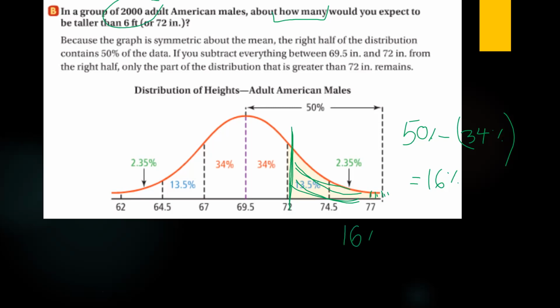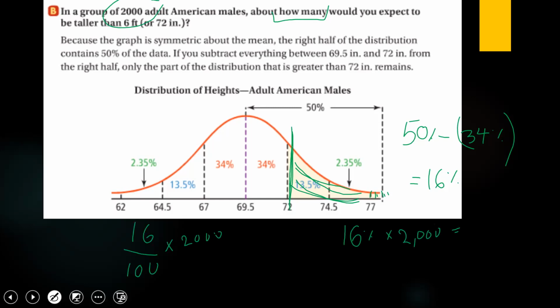So 16% times 2,000 will be 320 males above 72 inches. Is it clear? Okay.